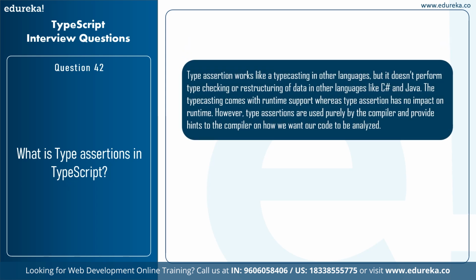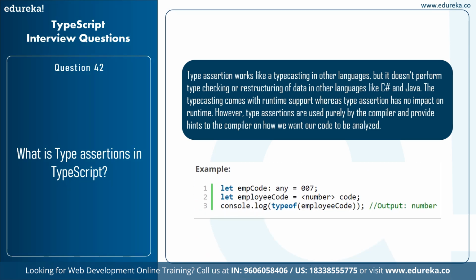Now, moving on, what are type assertions in TypeScript? Type assertion works like type casting in other languages, but it does not perform type checking or restructuring of data like in languages such as C# and Java. Type casting comes with runtime support, whereas type assertion has no impact on runtime. However, type assertions are used purely by the compiler and provide hints to the compiler on how we want our code to be analyzed.